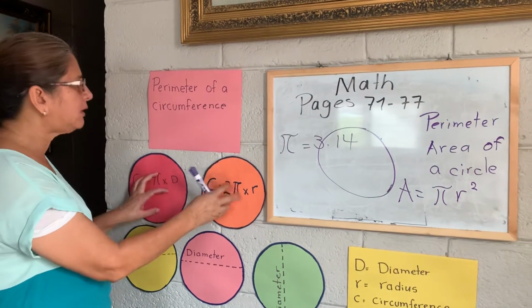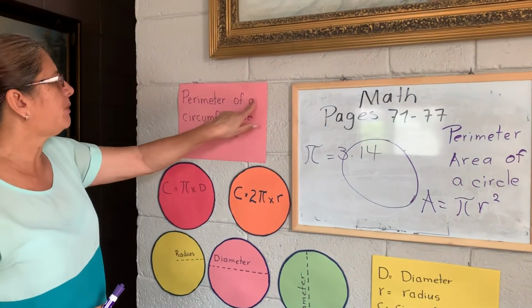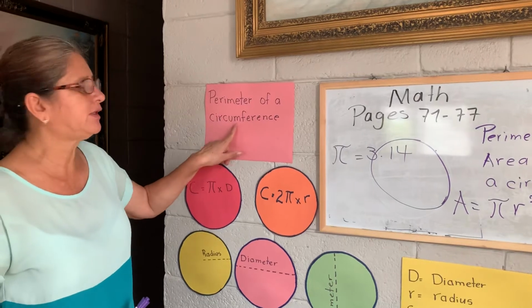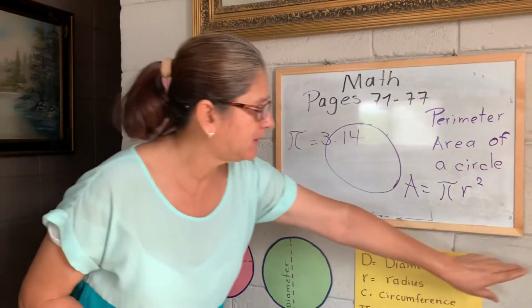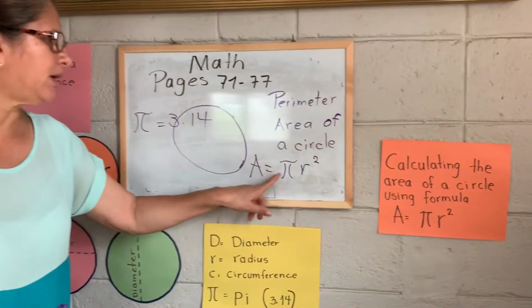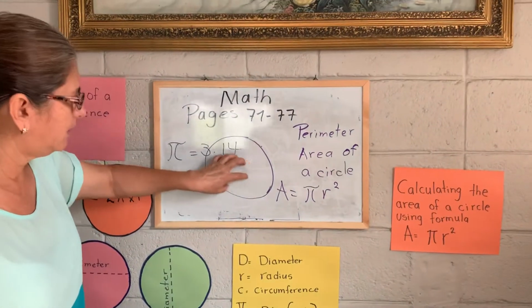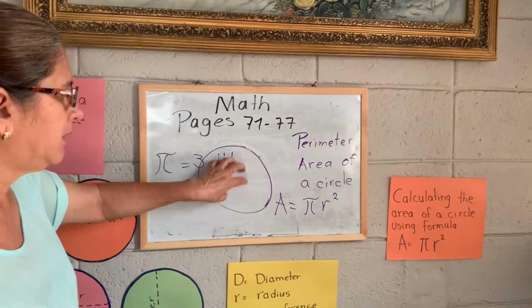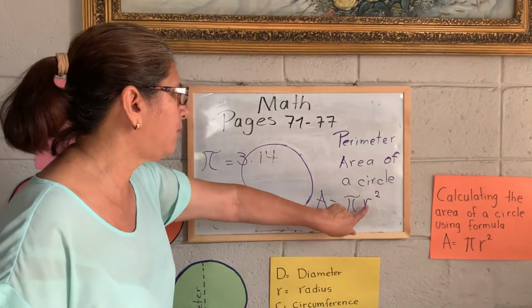These two formulas are to find the perimeter or circumference, but this formula is to find the area of the circle: A equals pi multiplied by r squared.